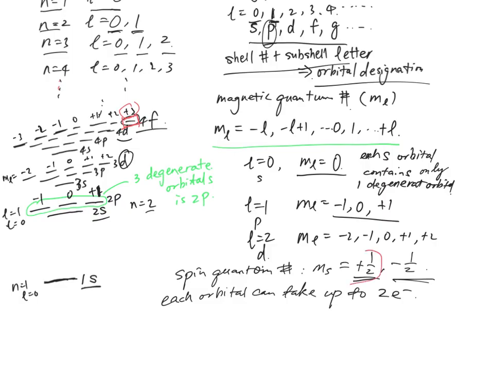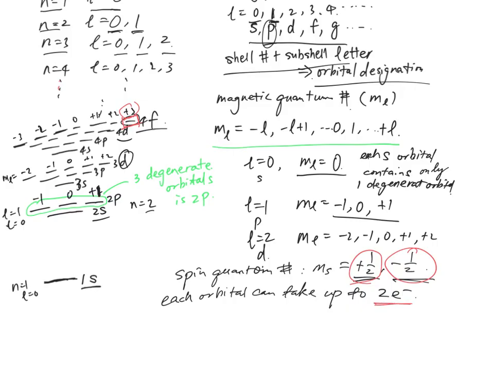Well, this is why MS has only 2 values, because you have a maximum of 2 electrons. So even if you have 2 electrons being put in the same orbital, using the entire set of 4 quantum numbers, you should be able to describe and differentiate every electron that was put into our scheme.